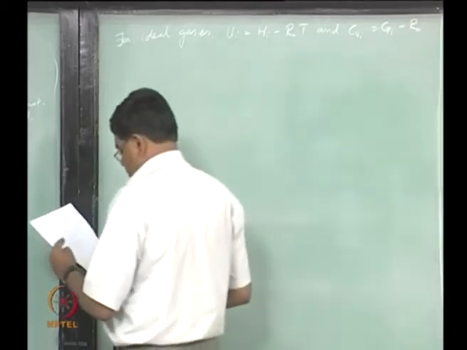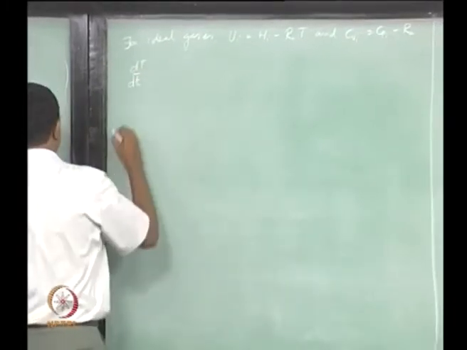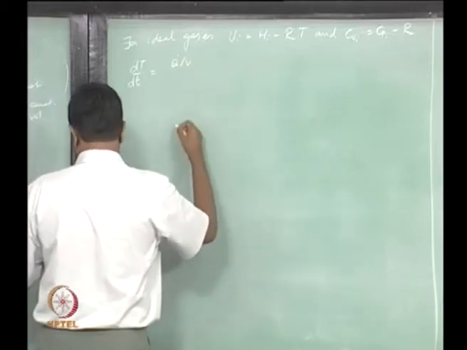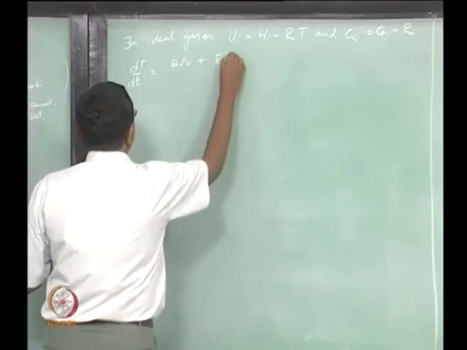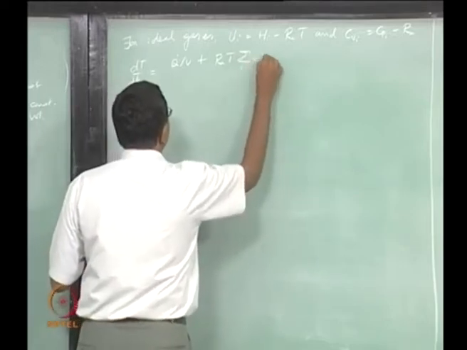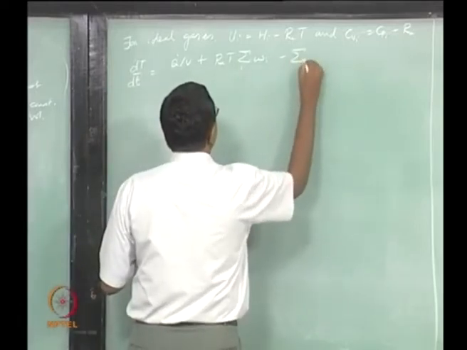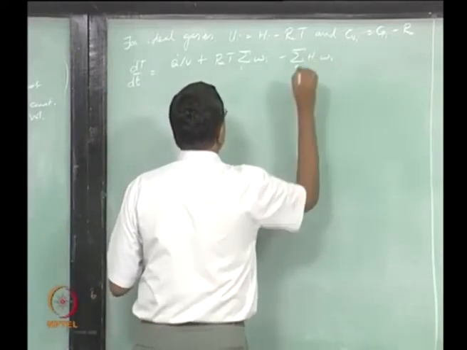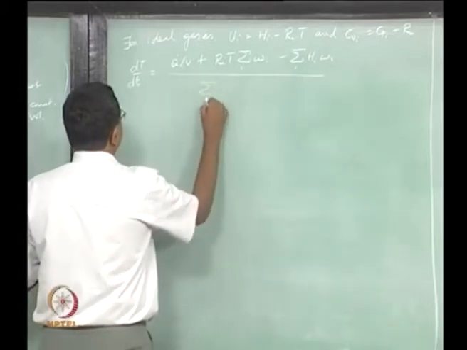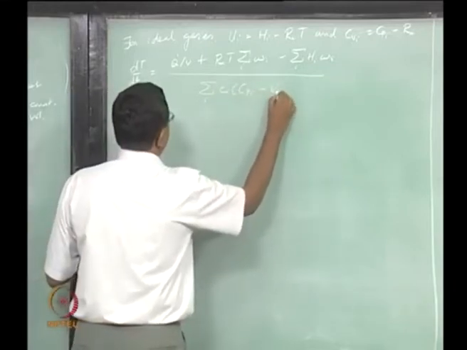Okay, so dT over dt is equal to q dot over V plus R_u T sigma_i omega_i minus sigma over i h_i omega_i, divided by sigma_i C_i times capital C_Pi minus R_u.